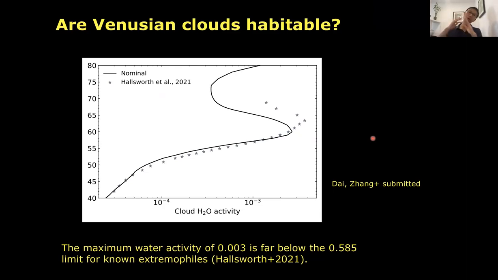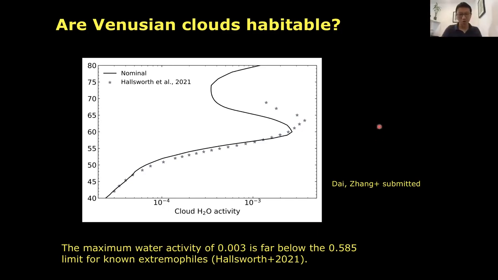And anyway, from our simulated water vapor, we found this paper from Hallsworth, talking about how, if you search on Earth, you find extremophiles, and they cannot really live in very acidic environments. Of course, the limit right now we found out is about 0.5 in terms of water activity. Basically, it's water vapor pressure divided by the saturation vapor pressure, and the maximum water activity in the clouds is about 0.03.